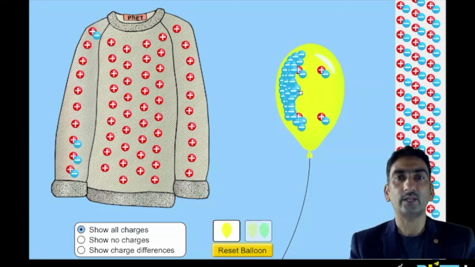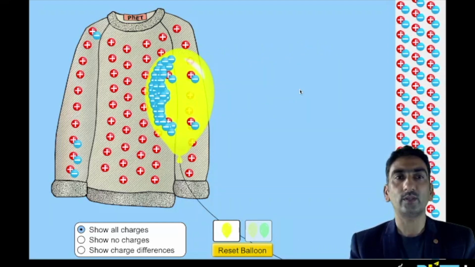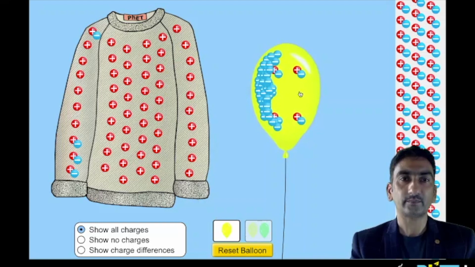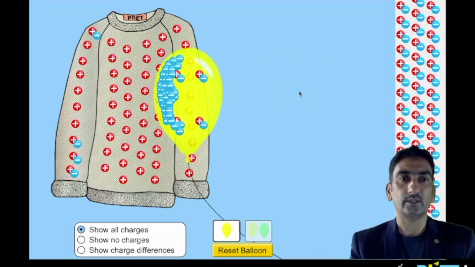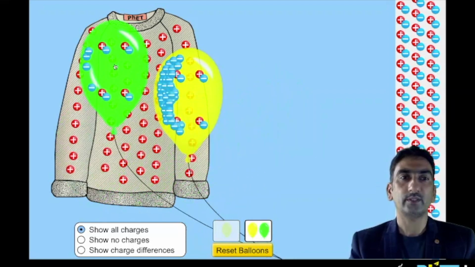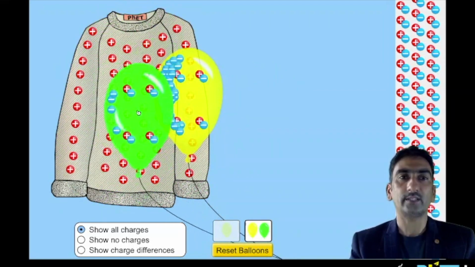So if I leave it, the balloon will be attracted by this woolen cloth. Why? Because of the force of attraction. At the same time, if you take another balloon and rub it, then again it gets the same charge.